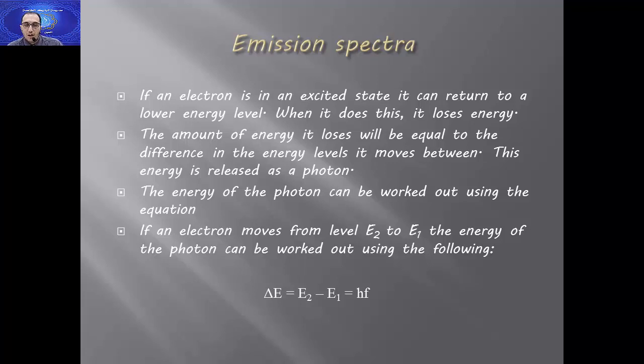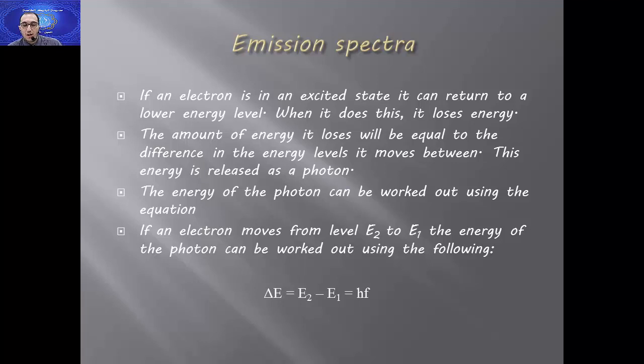When it returns back, it gives out energy. It loses energy. This energy that the electron lost equals the difference in energy between these two levels. This energy is released as a photon, and when we say photon, it means energy and it means radiation.